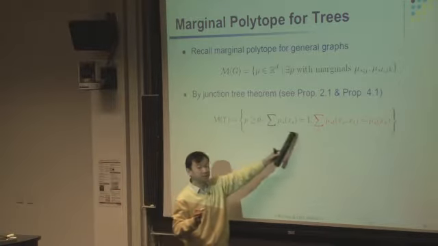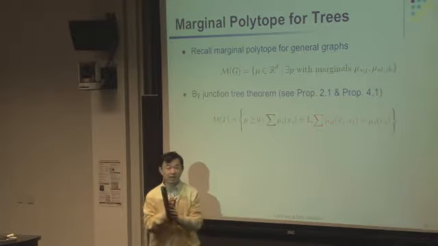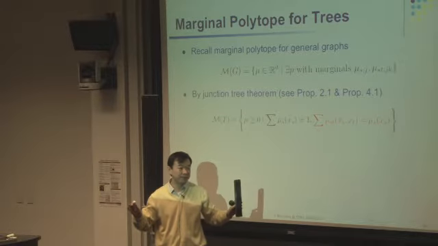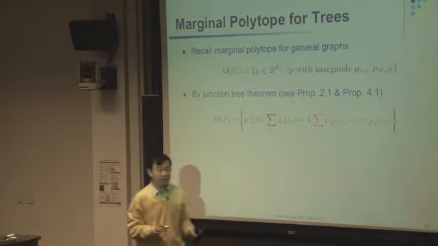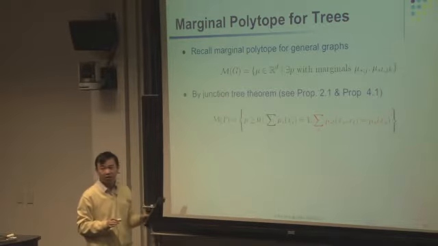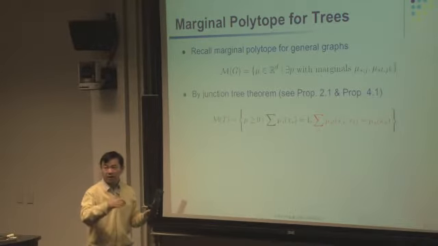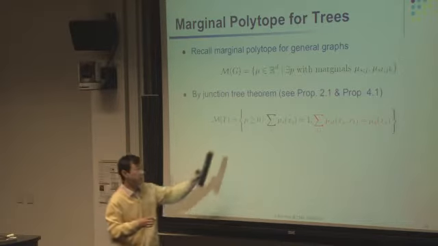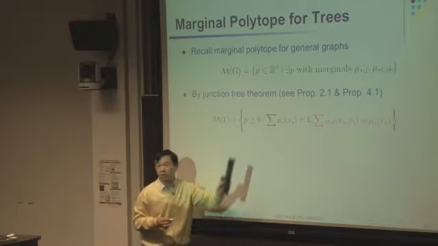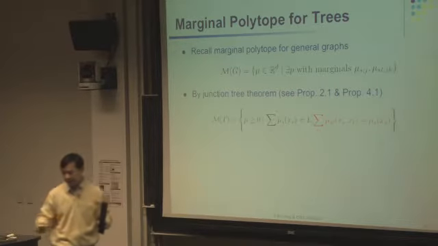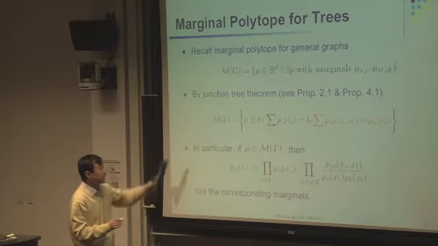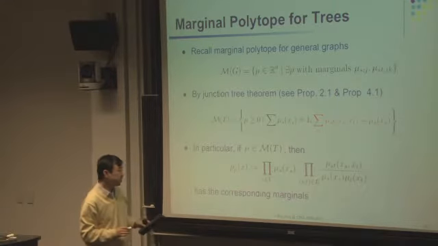Therefore, this definition is sufficient to define the entire set of valid distributions on trees, right? So that's how we draw a simple definition of the marginal polytope. We didn't actually work it out explicitly, but we indirectly use the junction tree theorem to convince us that this local consistency is good enough to define the whole space.